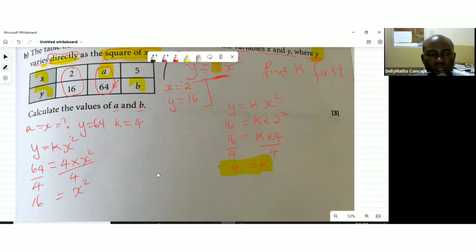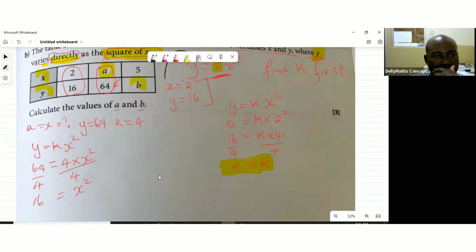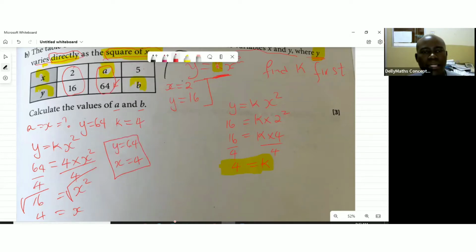Now, in order to find that, we're going to take the square root of both sides. So we're looking at 4 is equal to x. So then we're saying that when y is equal to 64, x is equal to 4. That's what we're saying right there. When y is 64, x is equal to 4.